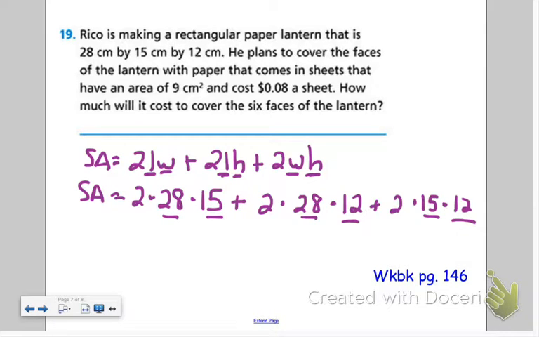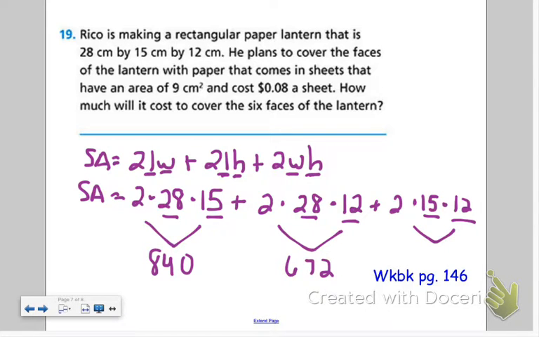Now I'm ready to actually do the math. First I have to do the multiplication. Multiplication always comes first when I'm doing order of operations. Okay, so 2 times 28 times 15 is going to give me 840. Then I have to do 2 times 28 times 12, and that's going to give me 672.